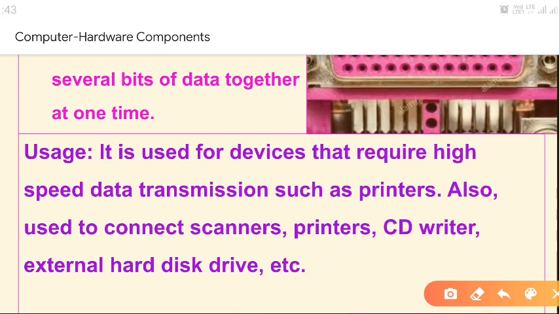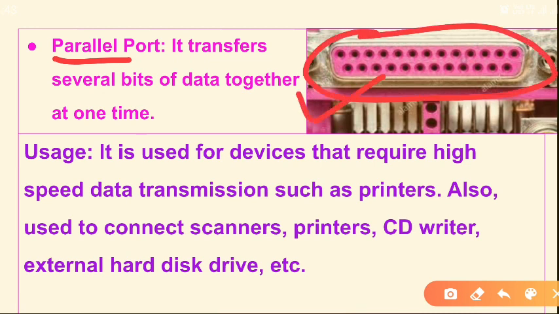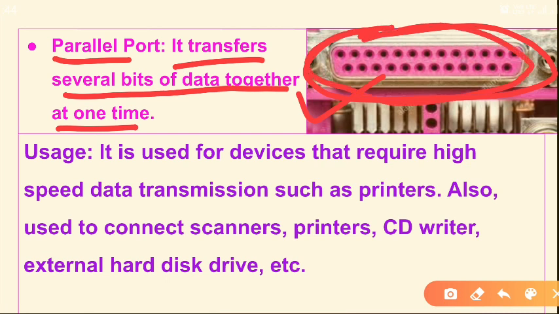The next type of port is called the parallel port. See this port over here, this is called the parallel port. What is the work of the parallel port? It transfers several bits of data together at one time. The serial port transfers only one bit of data at a time over a single wire, but the parallel port transfers several bits of data.